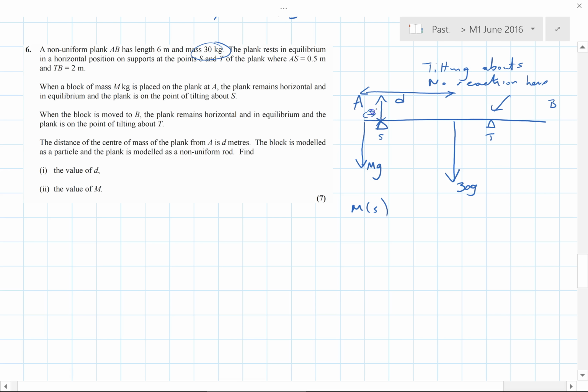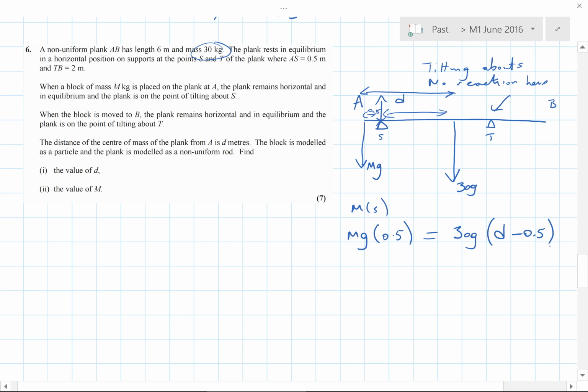So the moment of this force, which is going anti-clockwise, will be mg times 0.5. Whereas the moment of this force is force times this distance. Now that distance there is whatever d is, take away 0.5. So we've got 30g times d minus 0.5.